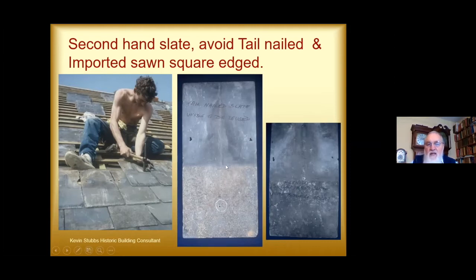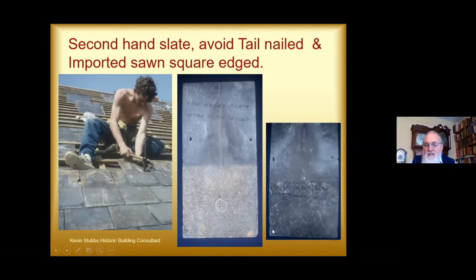If a slate slipped on the roof in the past, sometimes you'll find they've been nailed through the joint, from the center point through the joint in the slates beneath. And again, this is likely to induce leakage. Also, a lot of the mid-20th century imported slates simply had sawn edges.